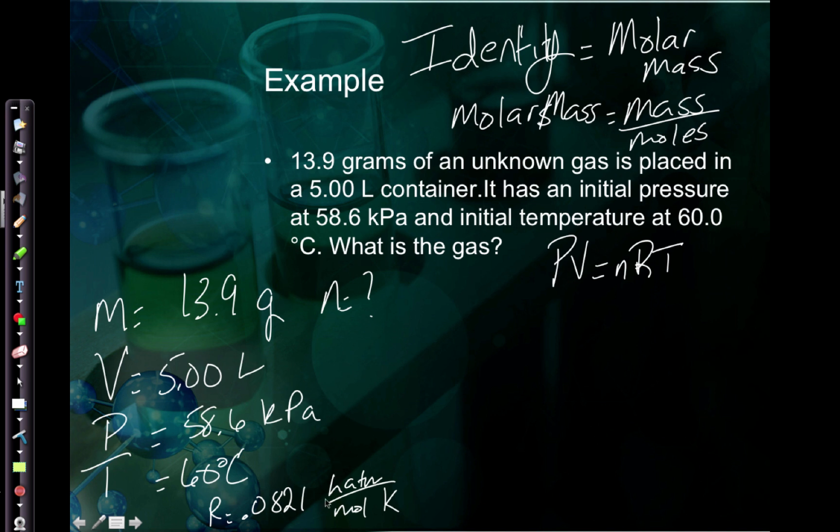I have liters and liters, but kilopascals and atm, so I'm going to have to convert this one. 1 atm is equal to 101.325 kilopascals. If I do the math really quick, dividing by 101.325, I'm going to get 0.578 atm.